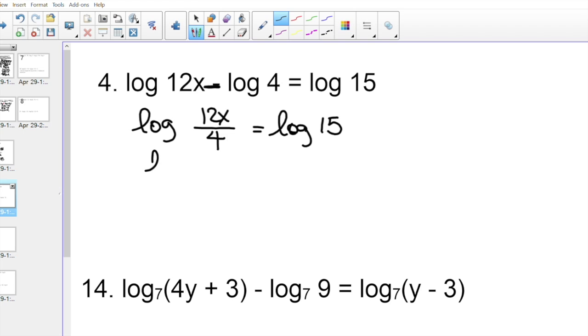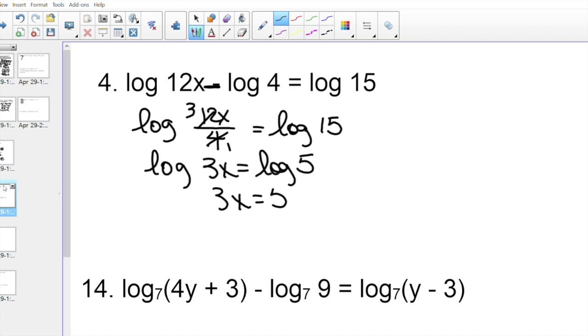Well, everybody knows that the 4 and the 12 cancel, so you have the log of 3x equals the log of 5. Now, since we're solving for x, and since you have logs on both sides, we just write it without the logs.